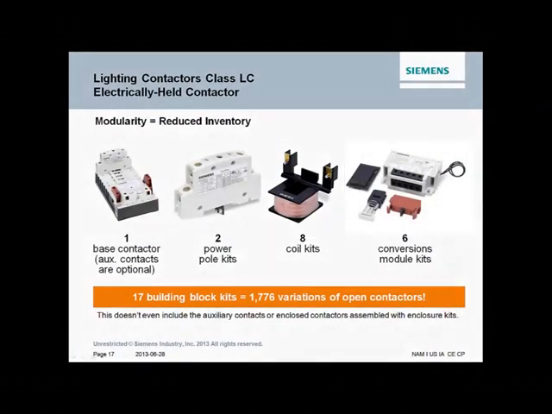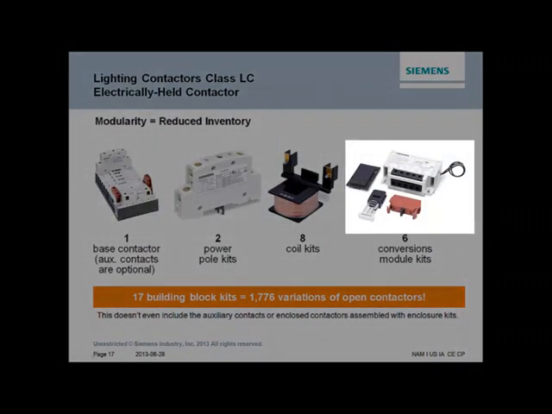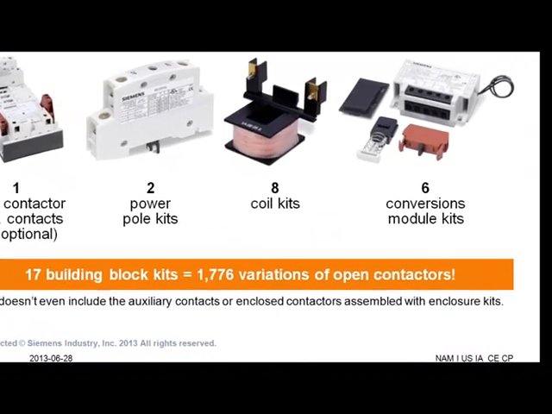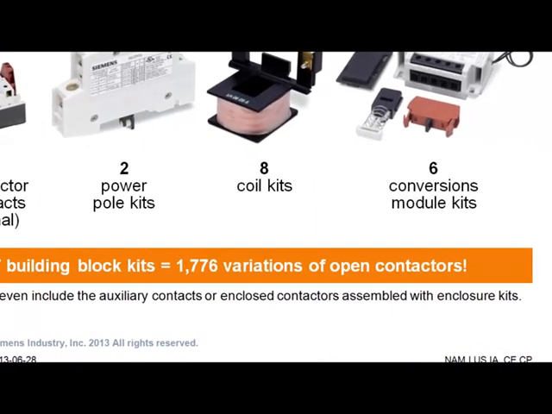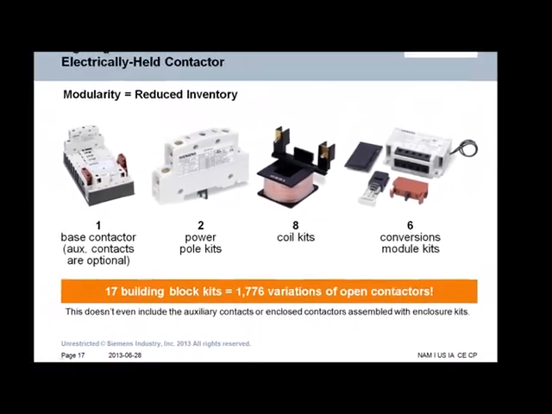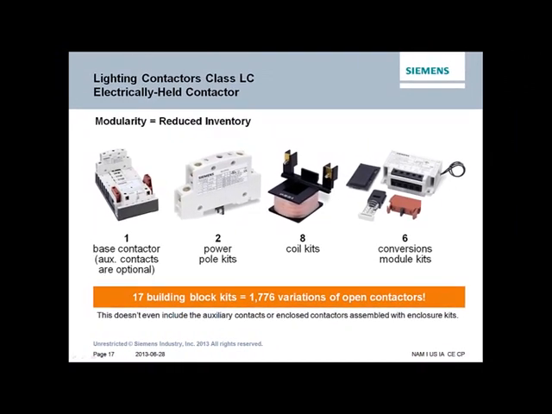And we stock the 6 conversion module kits, the 2-wire and the 3-wire control with the various voltages. With those 17 building blocks, we can assemble nearly 1,800 variations of open contactors. That doesn't include the auxiliary contacts or the enclosure kits to assemble the enclosed versions of the contactors. So it is highly modular, and that helps to greatly reduce inventory for channel partners.